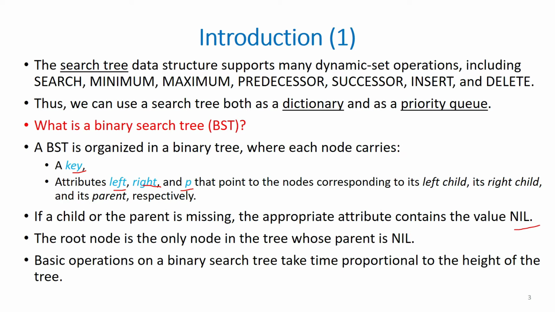If you think about it, the only node whose parent is nil is the root of the BST. It should be noted that the running time of these operations is proportional to the height of the BST. If the BST is a complete tree with n nodes, then the running time is O of log n. Whereas if the BST is a linear tree with n nodes, its running time is of the order of n.